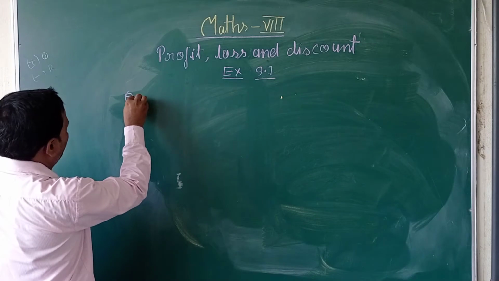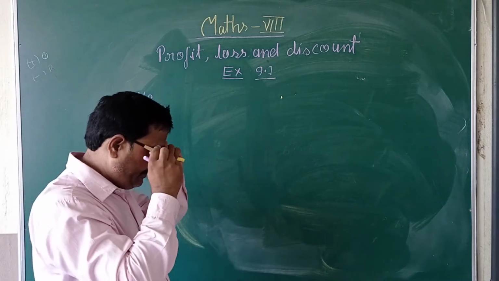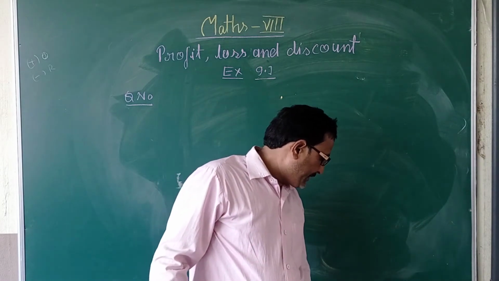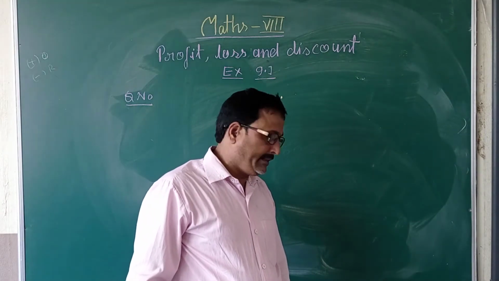See, question number first. In question number first, given a shopkeeper purchased 100 saris at 750 each.